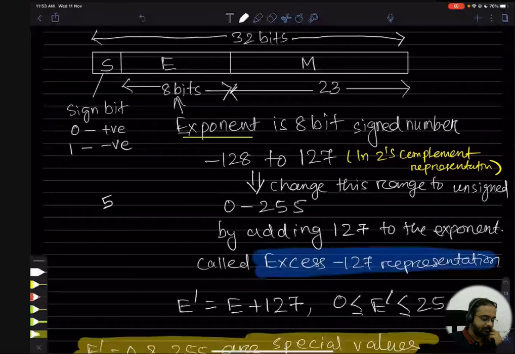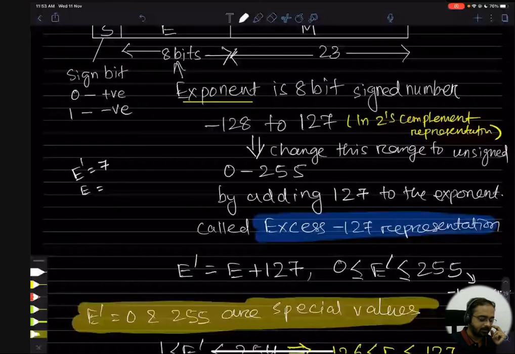Suppose you got 7 when you read the exponent. What will be the original value of exponent? 120. Yes, actually it is minus 120.